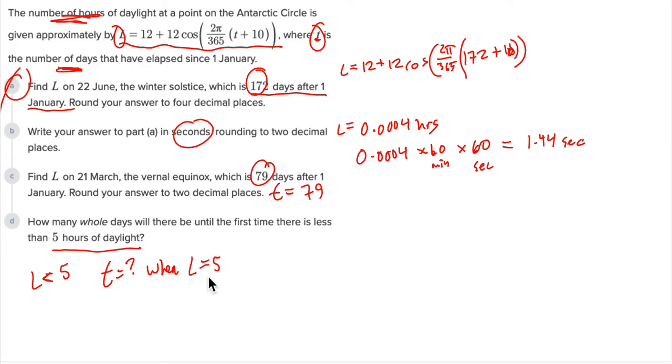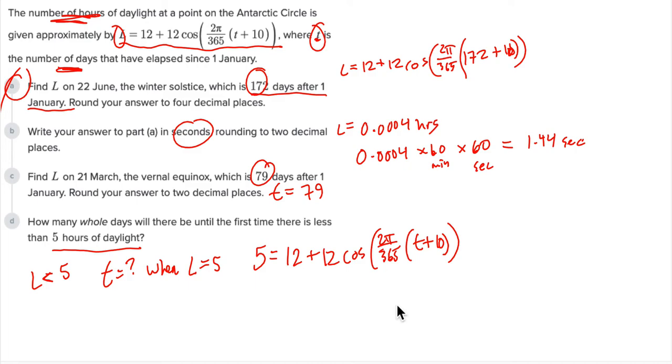Because then we know whatever we get has to be less than that. So we set the entire equation equal to 5: 5 equals 12 plus 12 cosine of 2 pi over 365 times T plus 10.